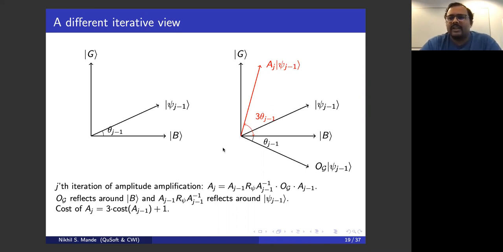So in this world, if your initial string X, which is hidden in the background, had T indices for which Xi is equal to -1, with square root of n over T queries, or square root of n over T cost, you can reach a state that's close to ket G. And that's a quantum query algorithm with asymptotically optimal query complexity for symmetric functions. Right? Now we want to port this to the communication world.